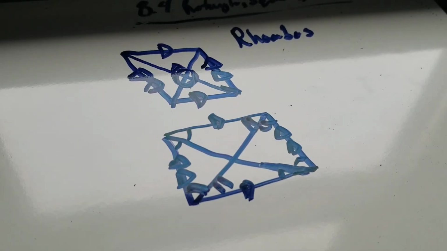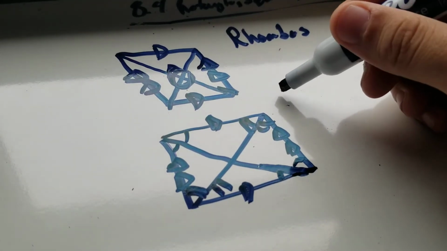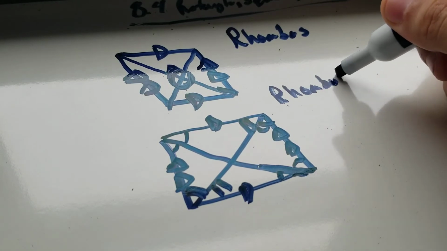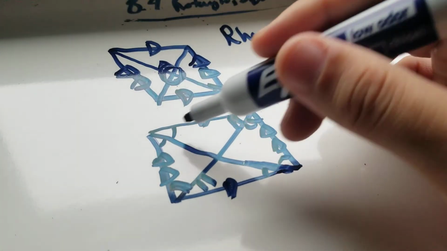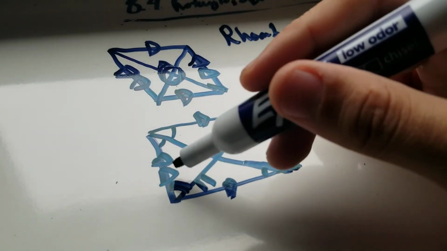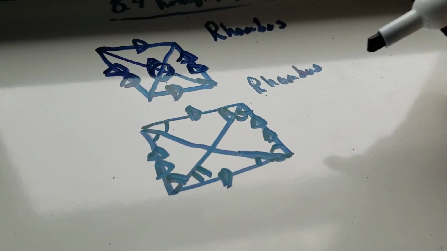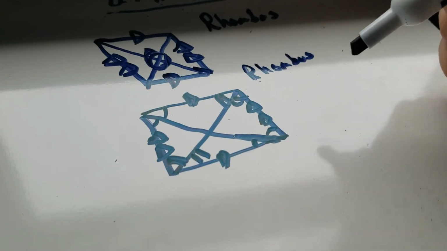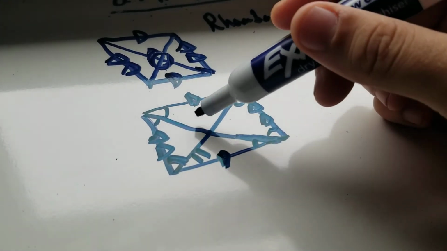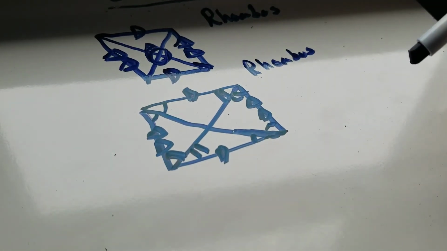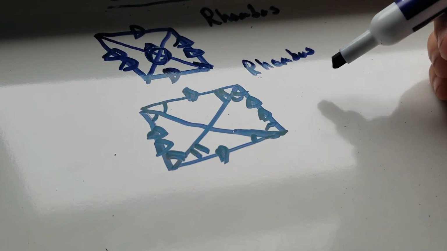That means that this is automatically also a rhombus. So the corners are bisected or cut in half. These right here are rhombuses, or rhombi. I still have to figure out what the plural is. But if you see all the angles are being bisected, by definition, that is a rhombus. Okay? By definition, that is a rhombus.